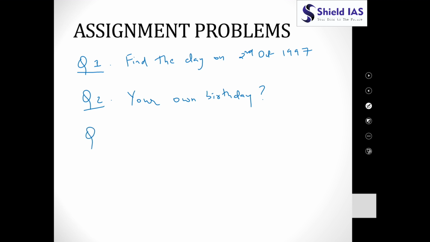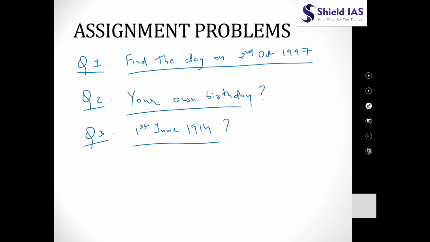Okay, and let's say we'll see a very difficult question. What is the day on 1st June 1914? Let us go back till here. So these are your assignment questions, and please solve them. This will give you an edge over the other candidates.